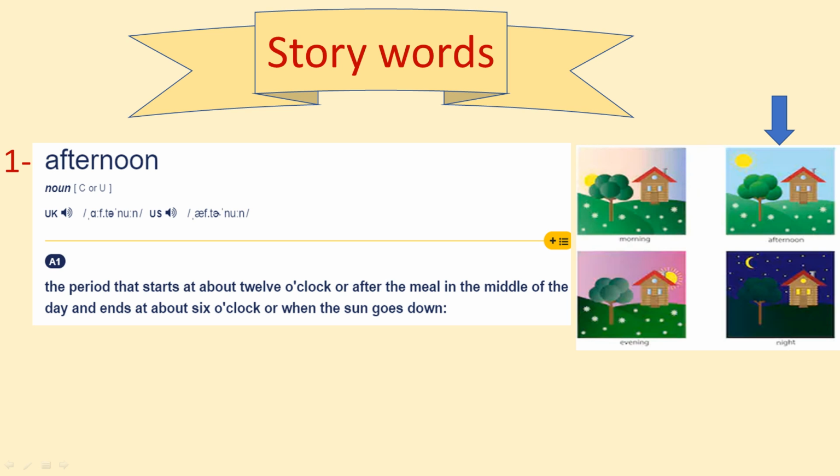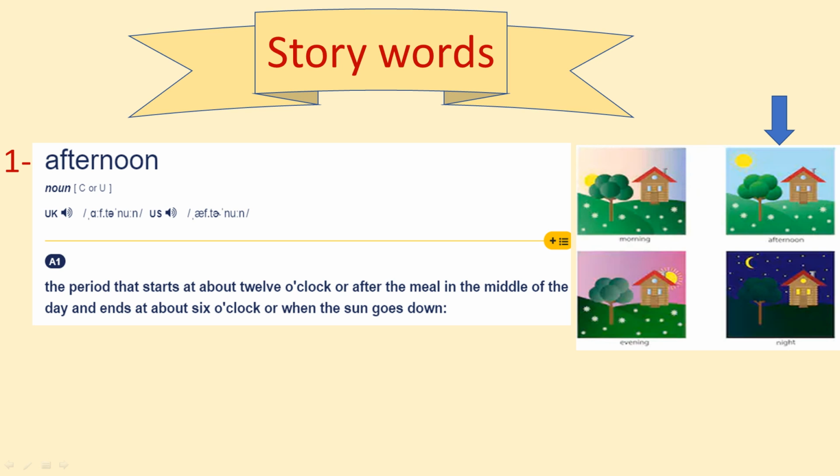Some of you kids go out to pray, and some of you usually eat your lunch. So the afternoon time is around 12 o'clock. Also we have evening time and night time. These are the four periods during the day: morning, afternoon, evening, and night.